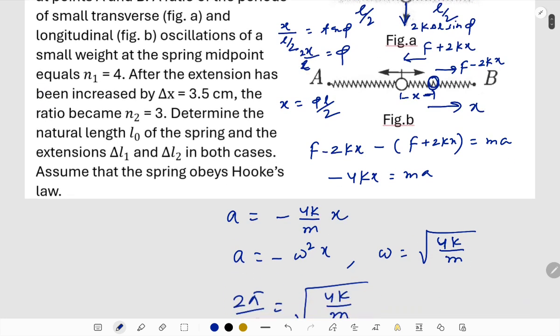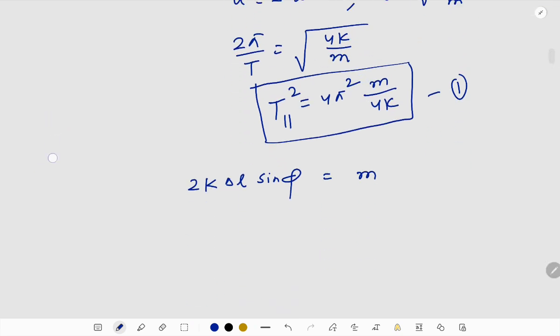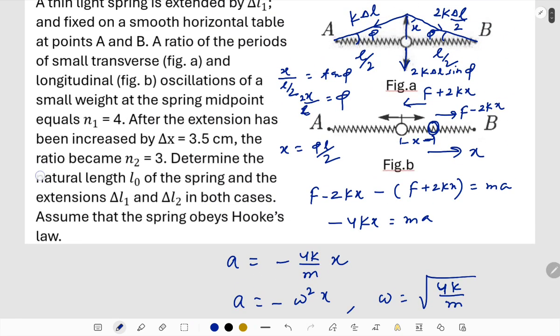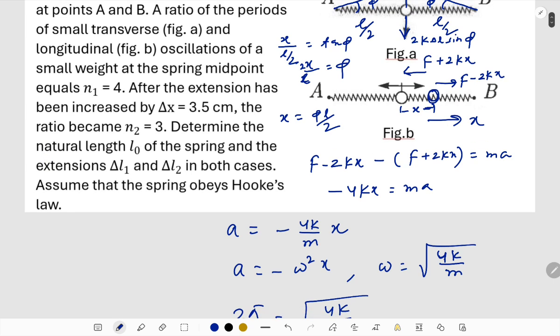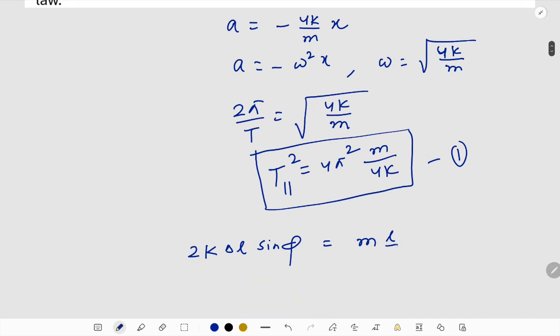So its acceleration I can write here m multiplied by x, where x equals phi L by 2. So I can write d2x by dt square as its acceleration. So I can write it as mL by 2 d2 phi upon dt square, and I would like to put a minus sign here.